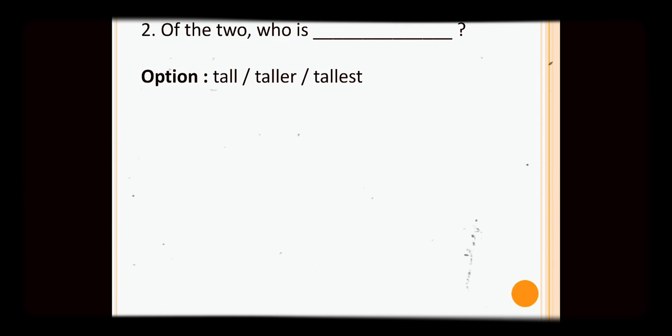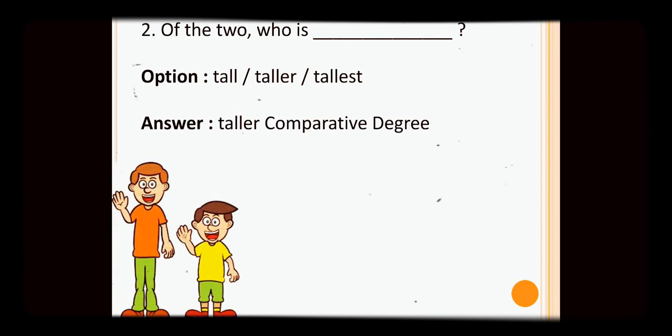Options are tall, taller, tallest. What is the answer? The answer is taller. And in comparative degree, tall becomes taller. Of the two, who is taller? This is the correct statement.